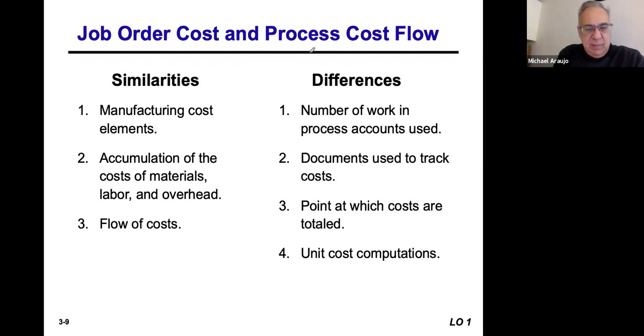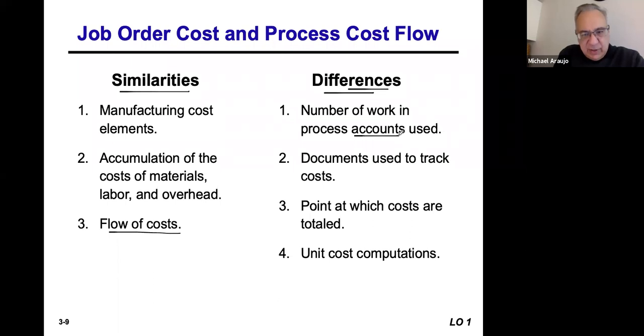Some similarities and differences are also listed here. In terms of similarities, it's a manufacturing business. They accumulate raw materials, labor, and overhead, and there's a flow of costs that you just saw. But there are some significant differences in terms of the work in process accounts that are used.